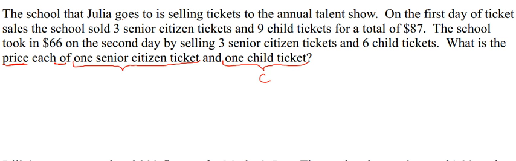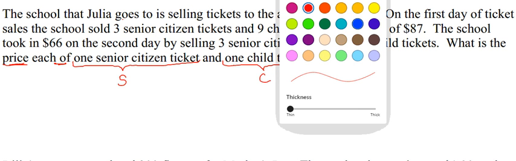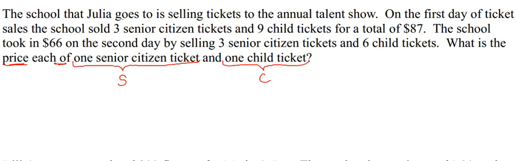I'm going to call the child tickets C. I'm going to call the senior citizen tickets S. So now let's come up with some equations. 3 senior citizen tickets, so the cost of a senior citizen ticket times 3, plus 9 child tickets is equal to 87.